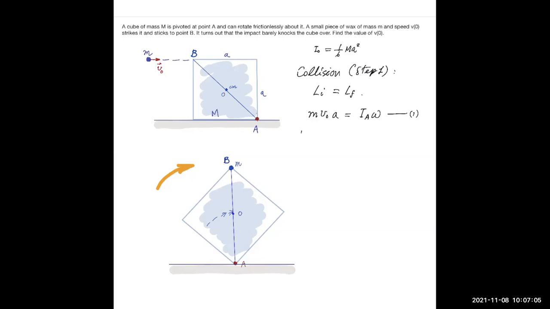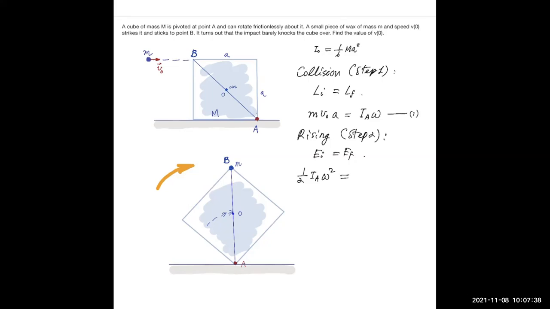So rising, that's step 2. You can use the conservation of mechanical energy. The initial mechanical energy is 1/2 IA omega squared. The final mechanical energy becomes totally potential in nature, because we set the final omega to be 0.